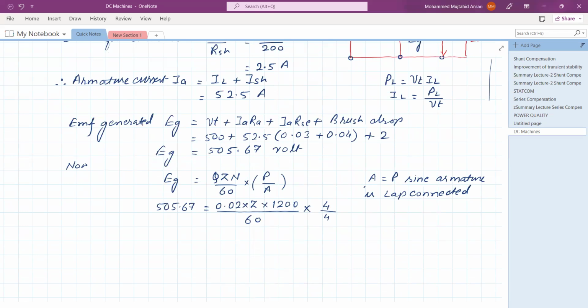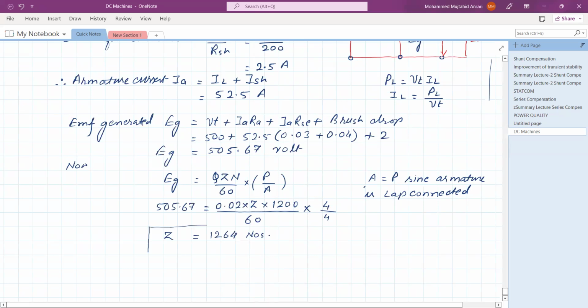Therefore, the total number of conductors Z equals 1,264. So this is the answer for the third numerical.